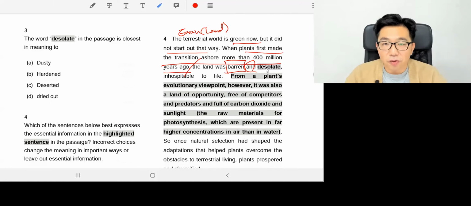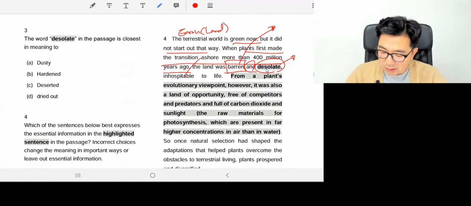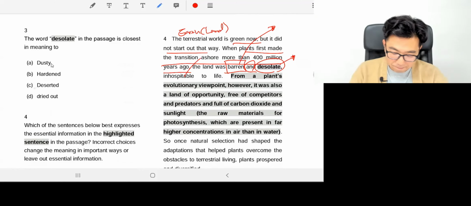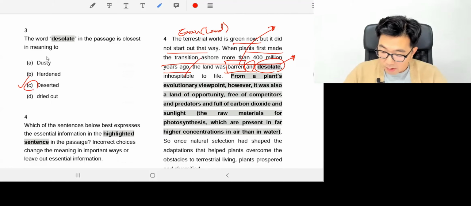If you knew the meaning of barren, then maybe you could have guessed desolate in the context. There must be a similar meaning to barren. So that's deserted, empty, nothing there. Inhospitable to life. Okay. So it was impossible to survive as a land organism, a land plant, when they first made an appearance.